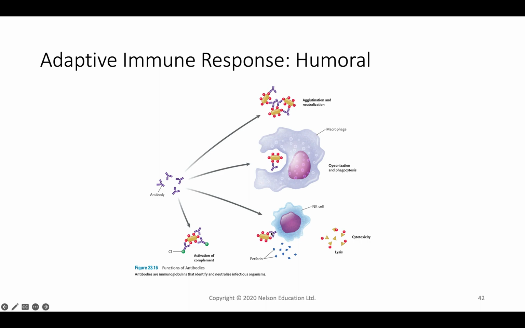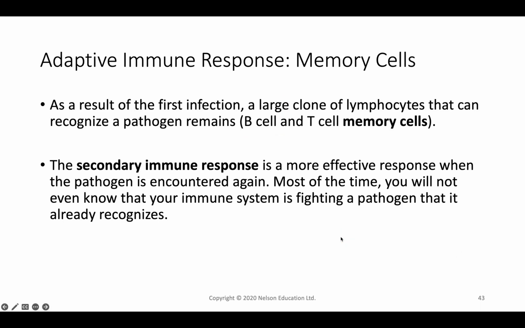Instead of phagocytosis, however, we're going to bind to it with the antibodies that are actually on the surface of the natural killer cells, as opposed to circulating through in suspension in our blood supply. Natural killer cells have the antibodies right on the surface. Same thing, though, we're going to bind to the antigen, again on the surface of the pathogen, and then release perforin. Perforin is going to cause lysis, and that's going to then obviously cause the cell to die. So cytotoxicity, or cell death.